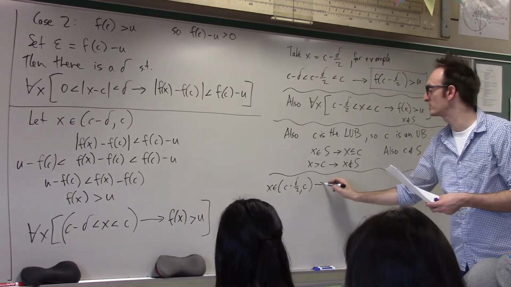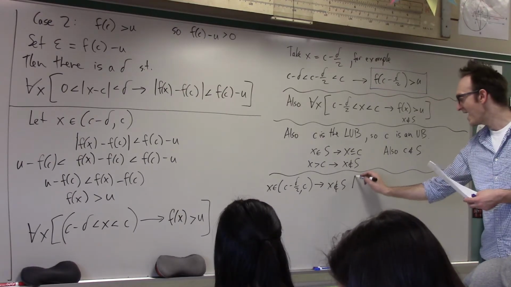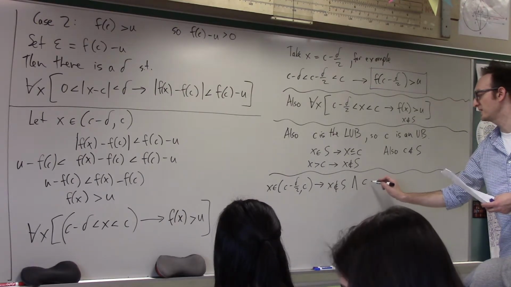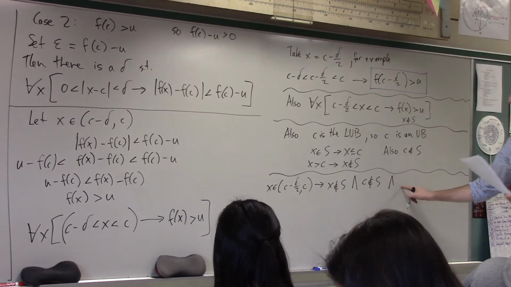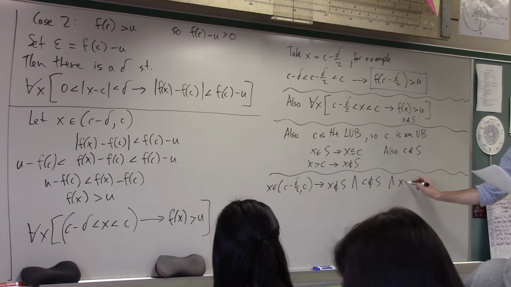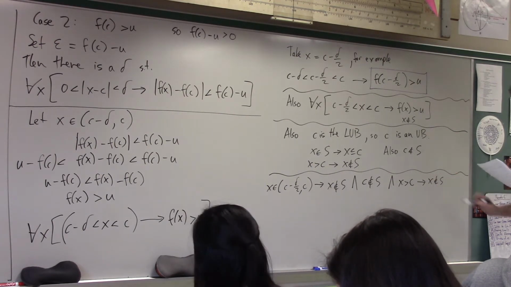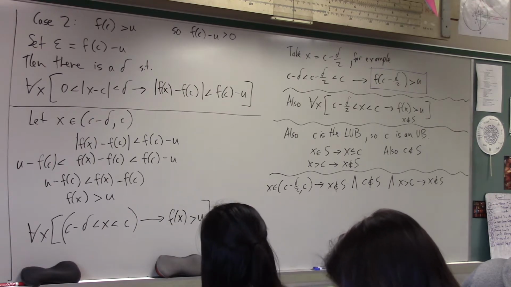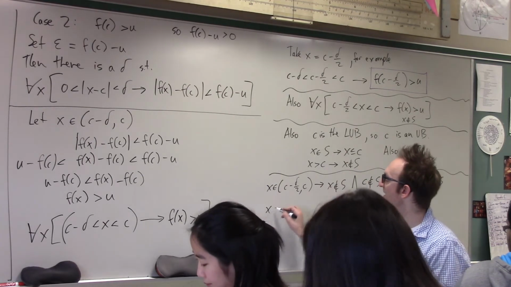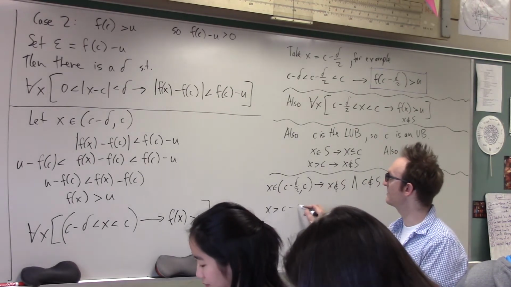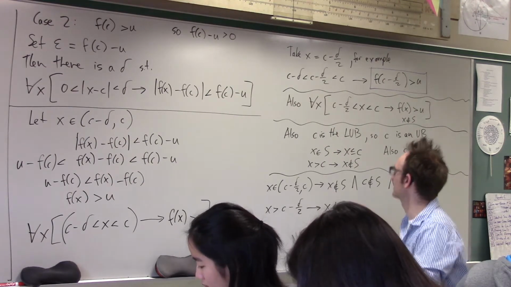In other words, x is not in S. And it's true that c itself is not in S. And if x is greater than c, x is not in S. So putting that all together, I claim that if x is bigger than c minus delta over 2, then x is not in S.